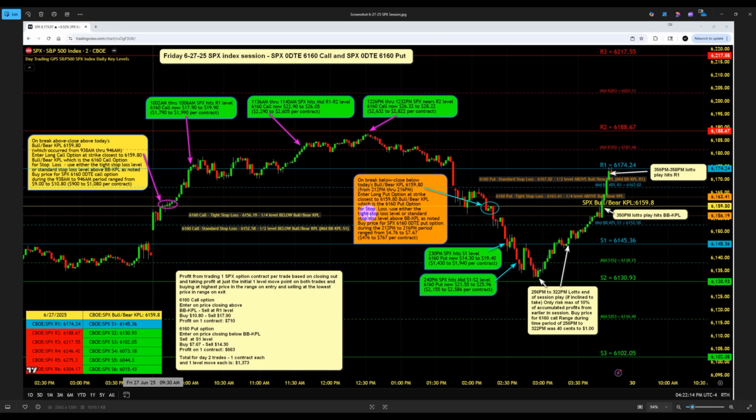For stop loss, we're either using a tight stop loss or a standard stop loss level above the bull bear KPL as noted here. So the standard stop loss, as we mentioned earlier, would be the first midpoint level. So in the case of buying puts, it would be the first midpoint level from this bull bear key price level. So you're looking at basically a half level above here from this entry here.